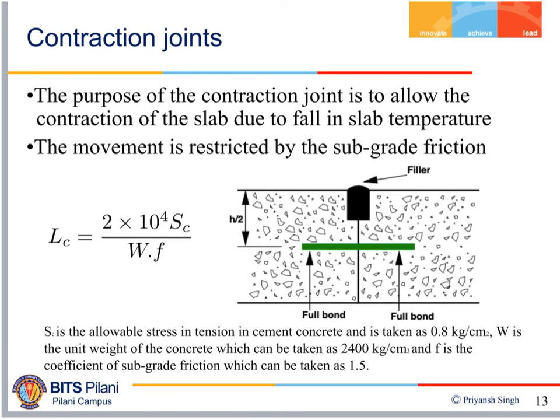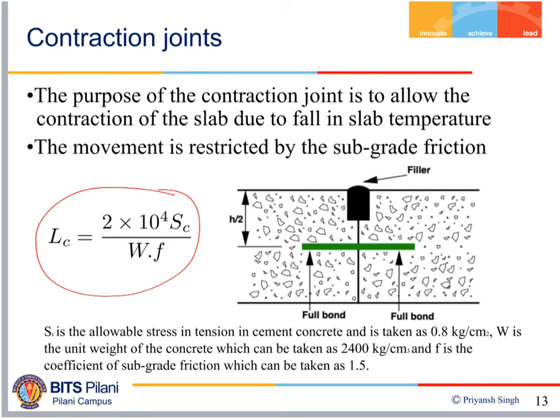Next is the contraction joint. The purpose of the contraction joint is to allow the contraction of the slab due to a fall in the temperature. The movement is restricted by the subgrade friction. The design involves the determination of the slab length. The slab length is determined by using this expression.